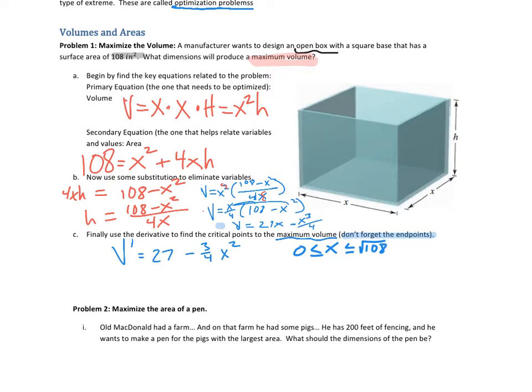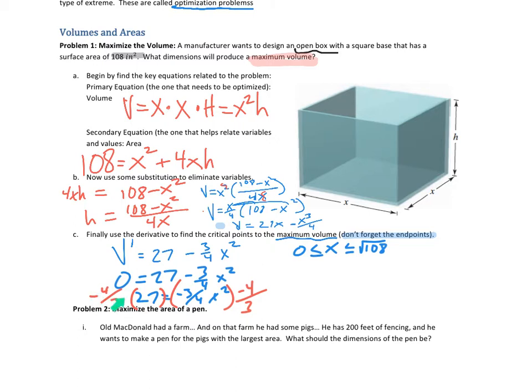So we need to set this equal to 0. 0 equals 27 minus 3/4 x squared. How about we subtract 27 from both sides? Negative 27 equals negative 3/4 x squared. Multiply by 4/3. Remember that? It's been a while since that algebra 1, but multiplying by the reciprocal would be a good idea here.